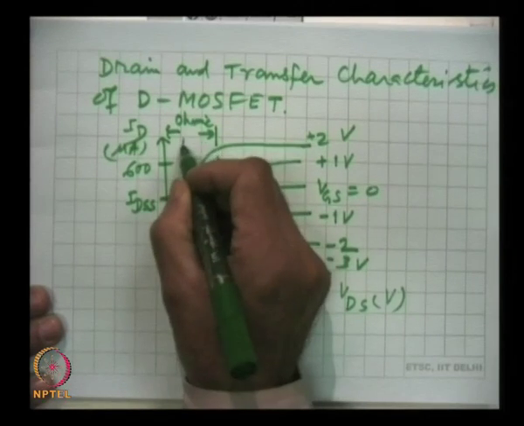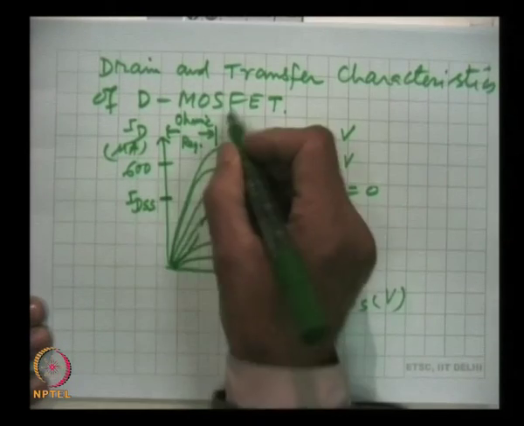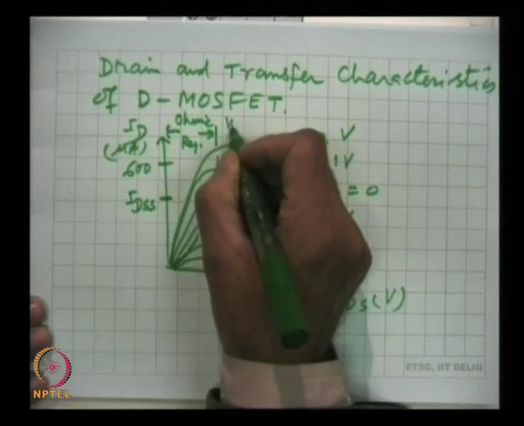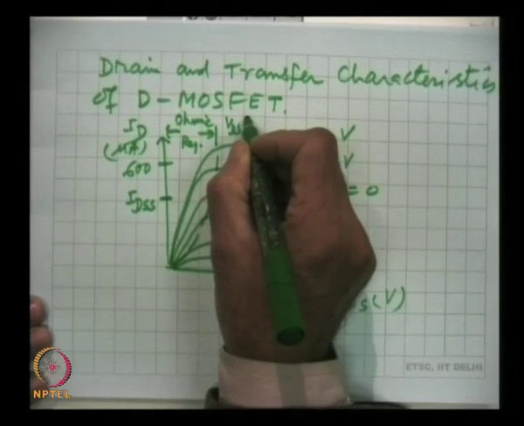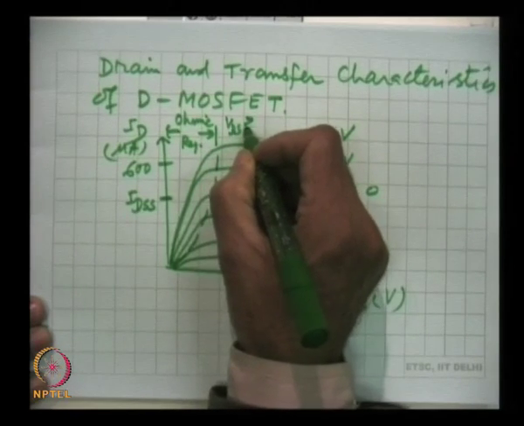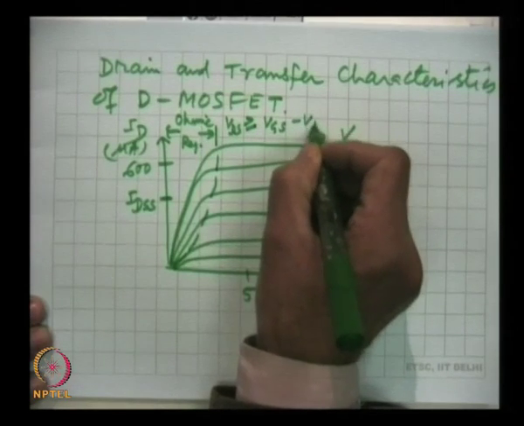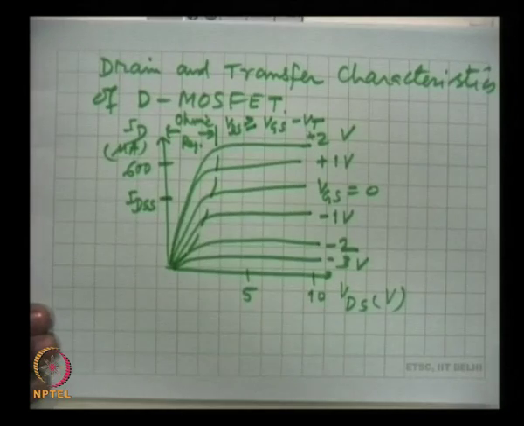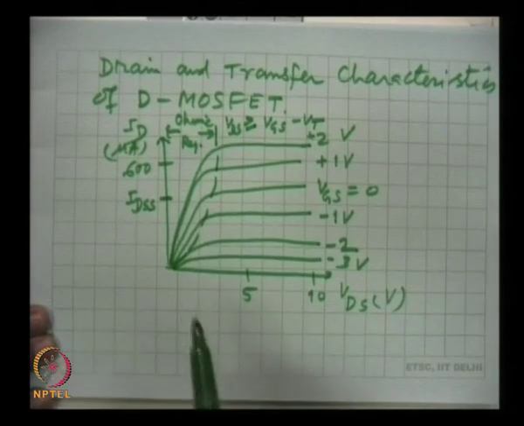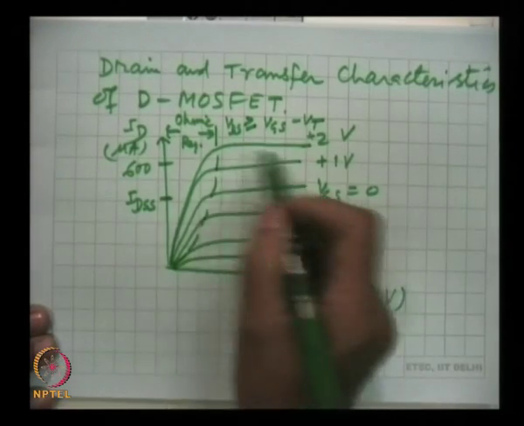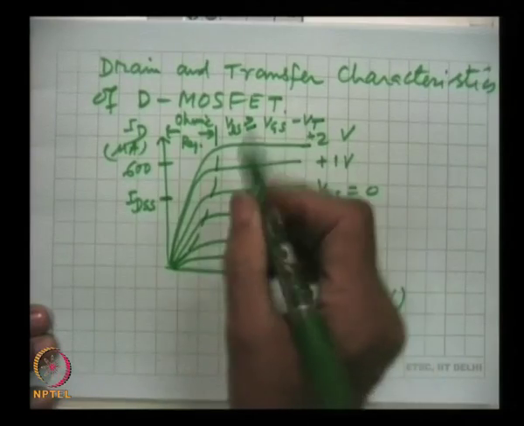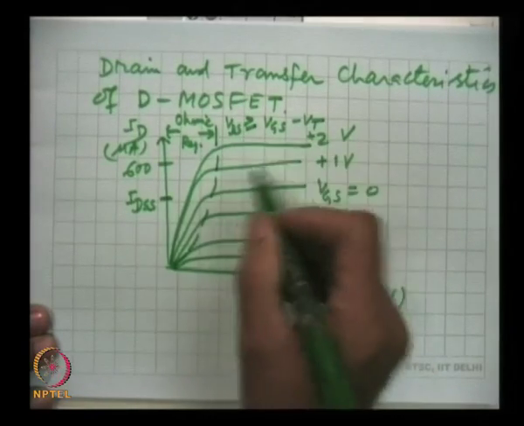Ohmic region, and this boundary is where VDS has to be greater or equal to VGS minus VT. VT is the threshold voltage, and this region is the saturation region.